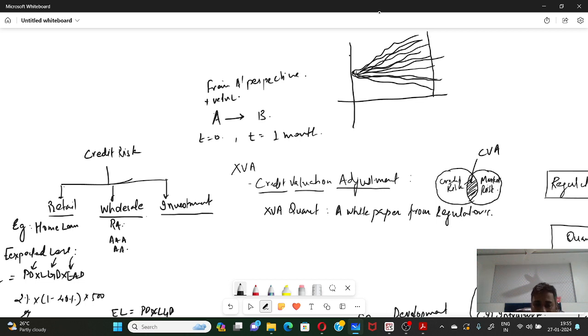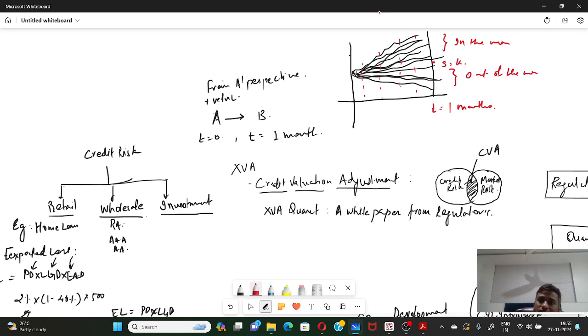So here you have discrete time instances, or you have the expiry of the trade. For the sake of simplicity, let us just talk about the expiry of the trade at t equal to 1 month. Since A was long on the option, or the derivative, let us say this is S equal to K. And this is in the money, and this is out of the money.